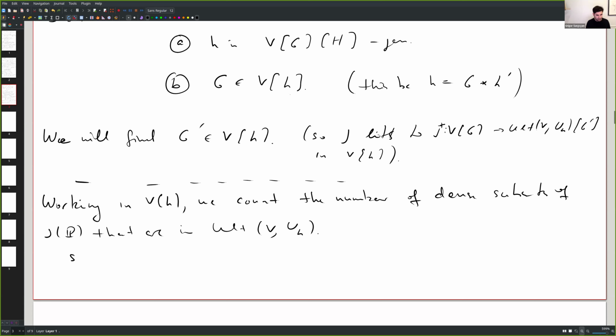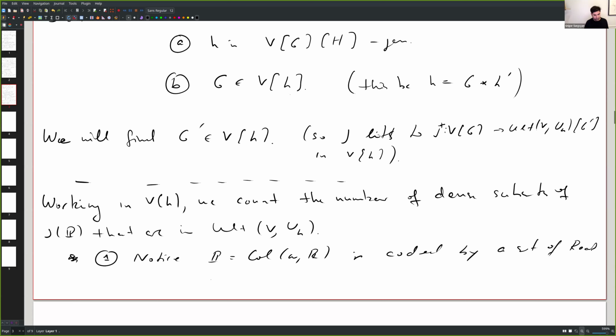So here are the steps. One, notice P, which is collapse omega 1 of R, is coded by a set of reals. Two, every dense subset of P is a set of reals. Because P is a set of reals, subsets of P are also sets of reals.